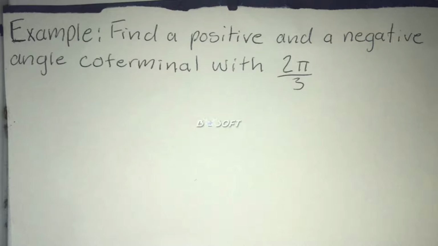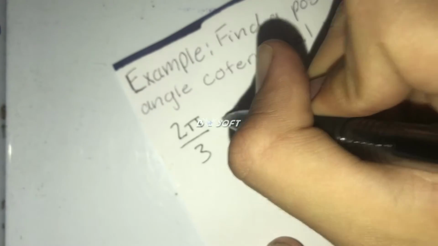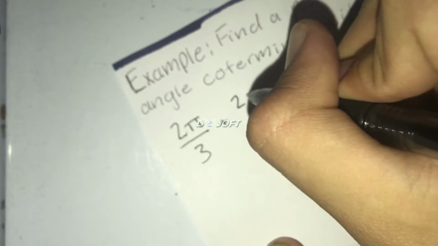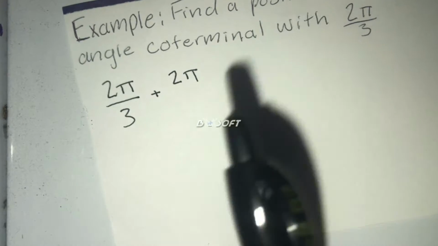For our second example, we have a similar problem in which it asks us to find a positive and a negative angle coterminal with 2 pi over 3. So this is different because now we're dealing with radians. But it's very similar. So if we do 2 pi over 3 plus 2 pi, that's not going to work because we do not have common denominators.